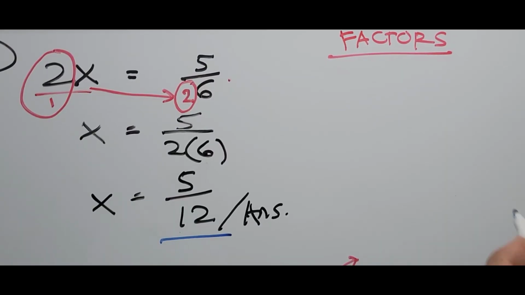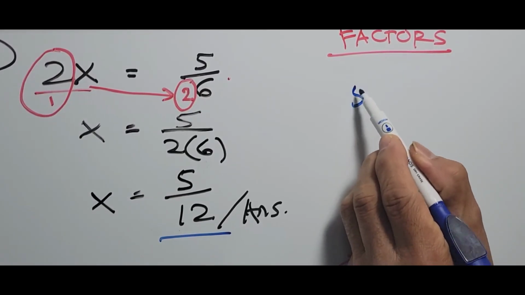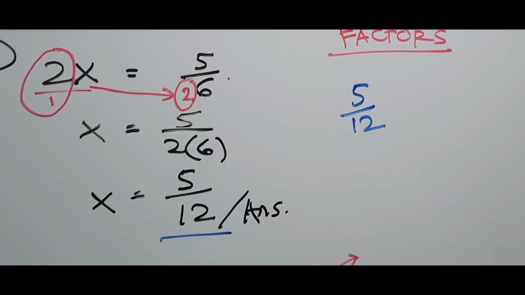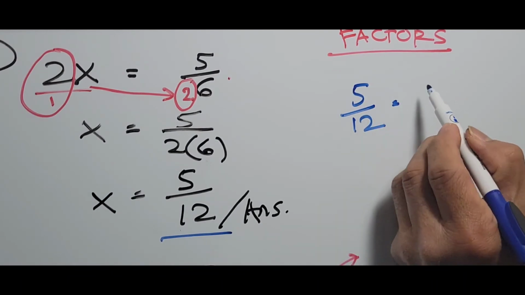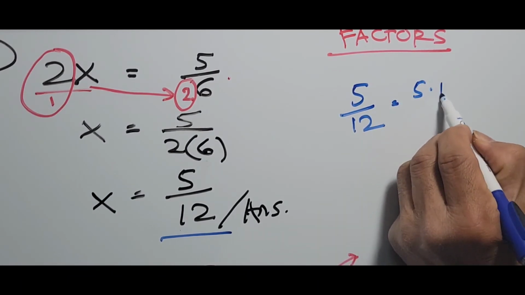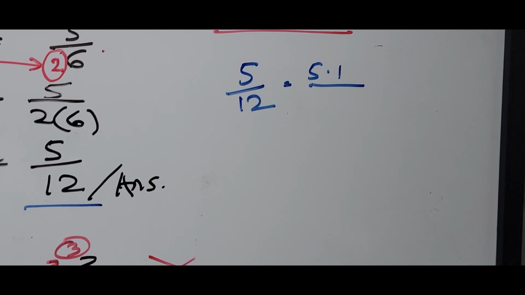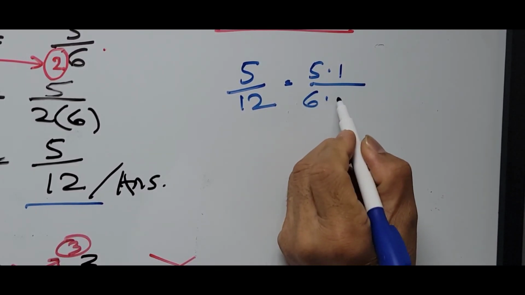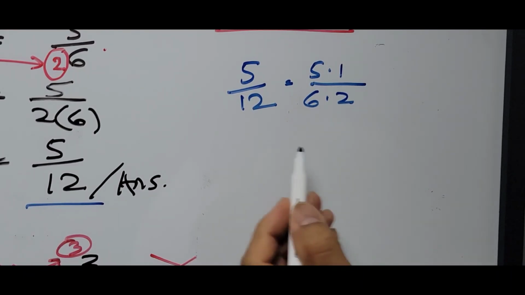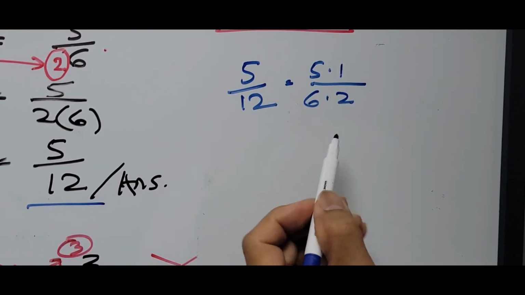So 5 divided by 12. The factors of 5 is 5 and 1. And the factors of 12 is 6 times 2, and yet 6 is still factorable.